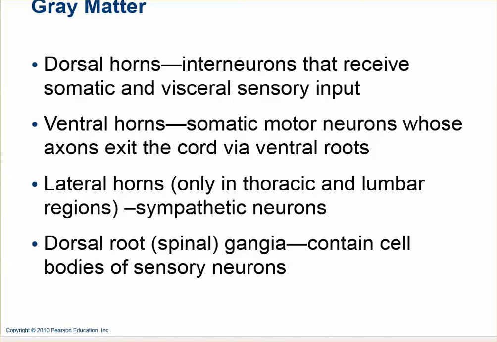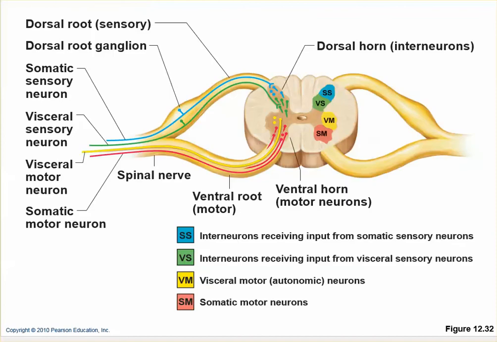As I mentioned before, there is a dorsal root ganglion, and this is where the cell bodies of all the sensory nerves are found. So when we look at it, all sensation, no matter where it comes from in the body, ends up coming along a peripheral nerve, and then when it gets to this point, all the sensory neurons end up going up that dorsal root.